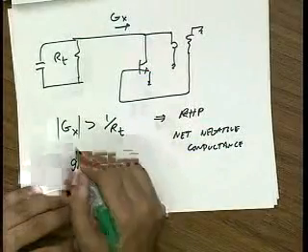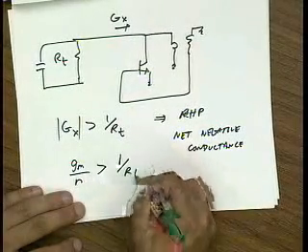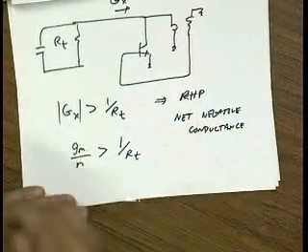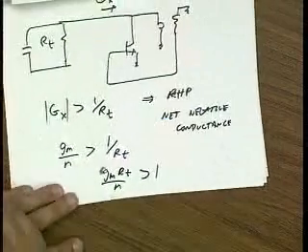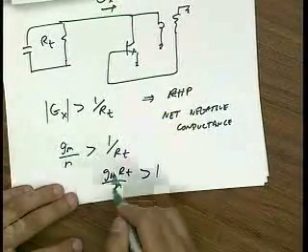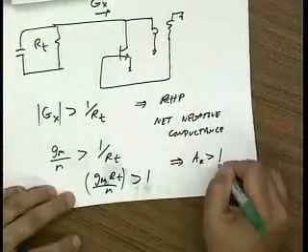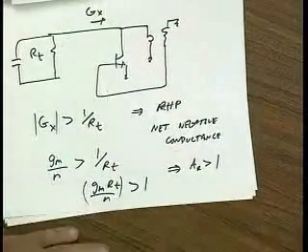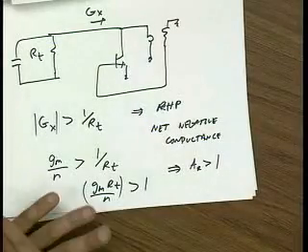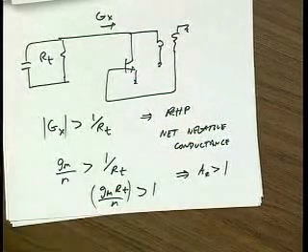I just found that Gx is Gm over n, and that should be greater than 1 over RT. In other words, that Gm RT over n should be bigger than 1. And remember, this is just the loop gain. So this feedback perspective is really, in this case, equivalent to this negative resistance perspective. Okay? All right, we'll pick this up next Tuesday.